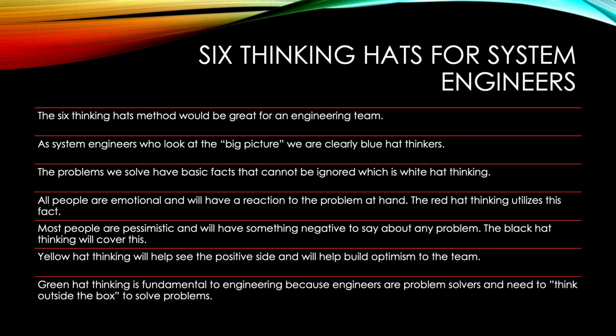You can have someone find out what the facts for the problem are, and that'll be your white hat team member. And they can go around having the team members talk about how they feel about this project, which is red hat. And then you can listen to your people who don't like the project, give them black hat so they can explain why they're so pessimistic about it.